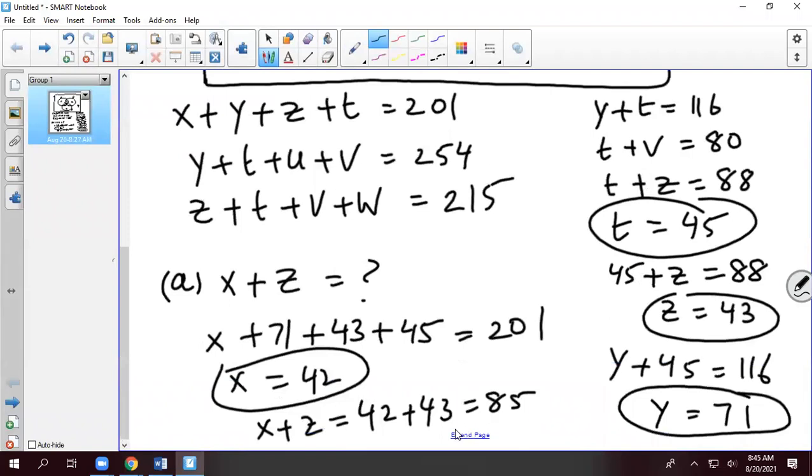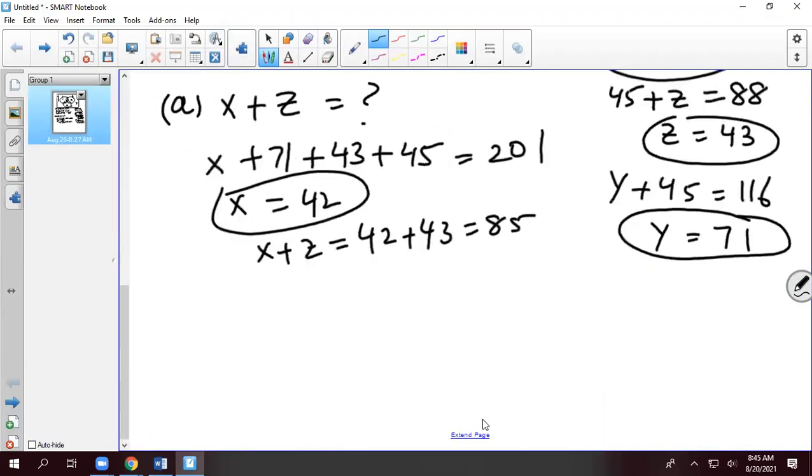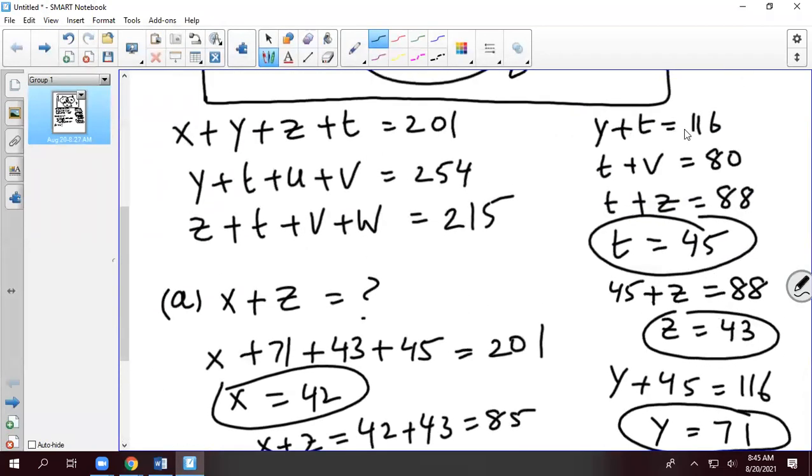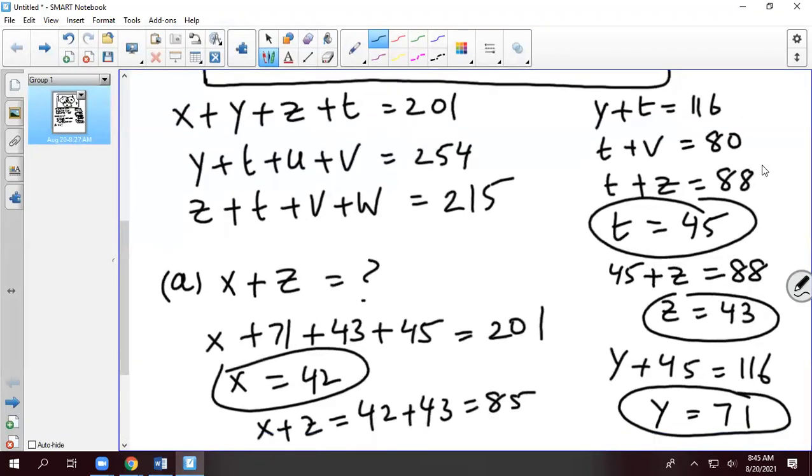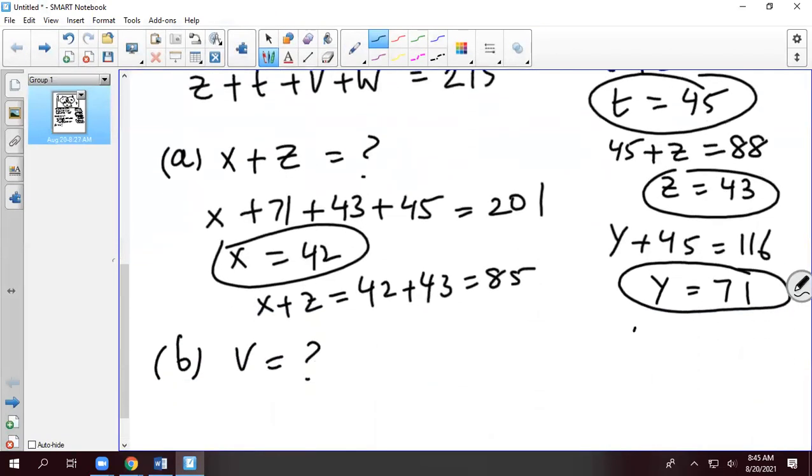Part B, what we really need is V. And V can be found from this equation. We know T plus V is 80. So 45 plus V is 80, so that gives us V equals 35.